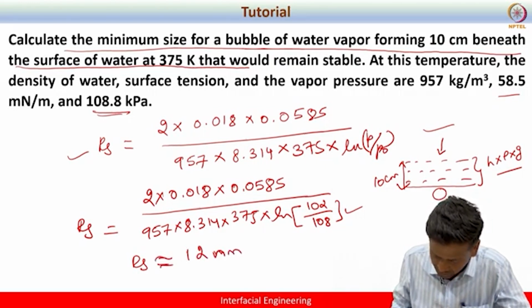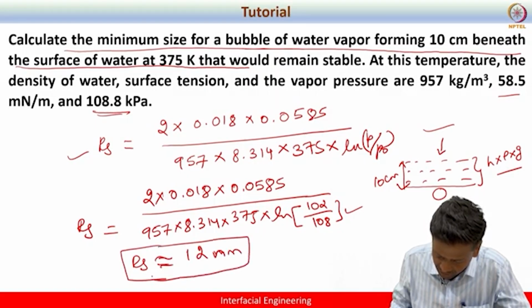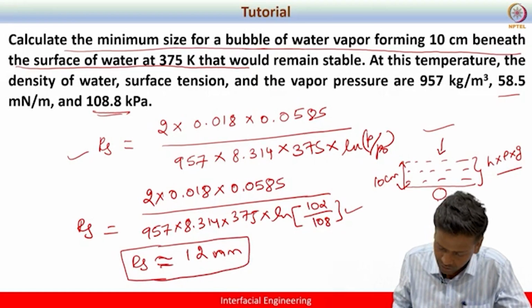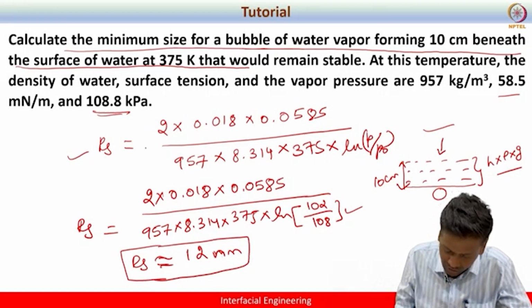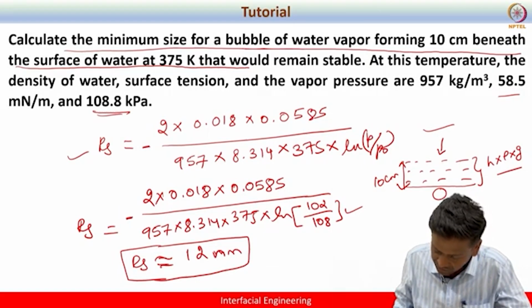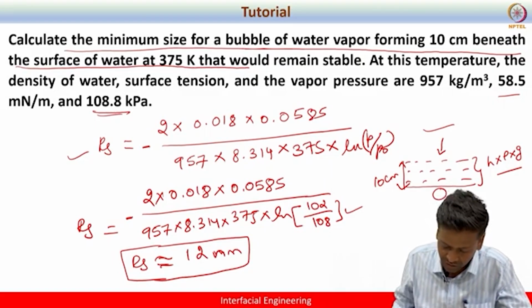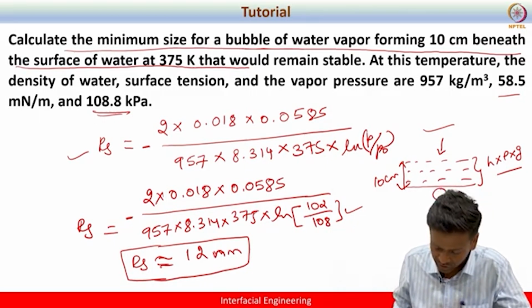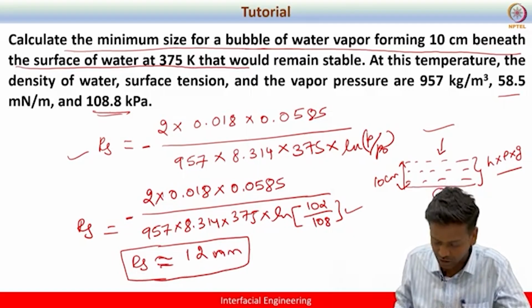So you can understand that for a given condition, the spherical bubble is going to be 12 nanometer. Remember, we have a negative sign here because the logarithm of this fraction is going to be negative, and with the minus, finally you will get the radius of the spherical bubble as a positive quantity. Here it is simply 12 nanometer.